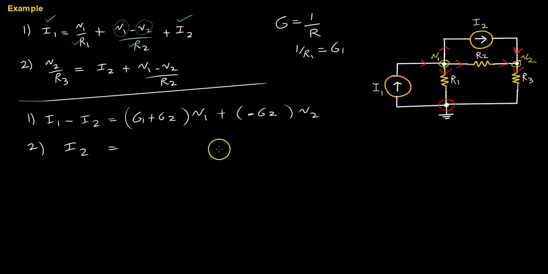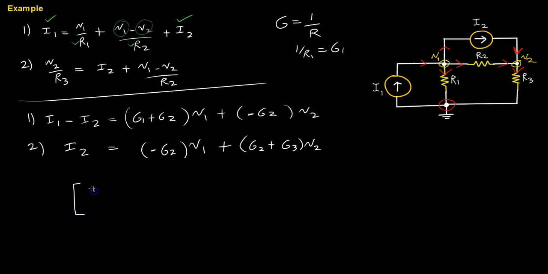So for V2 at least, I know we will have G2 plus G3 times V2. And for the first one, we're going to have a negative 1 over R2, which is a negative G2 times a V1.